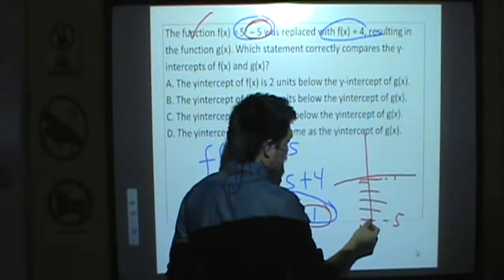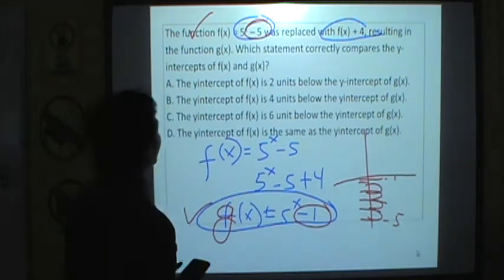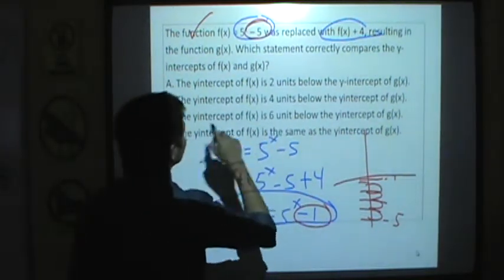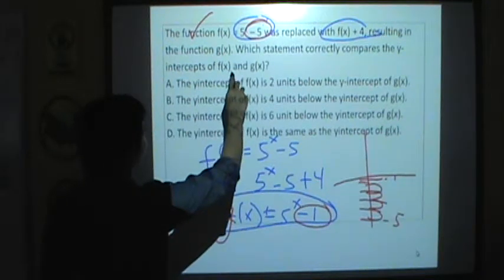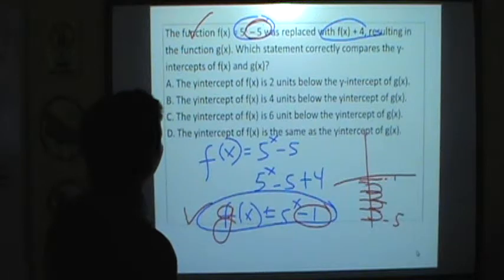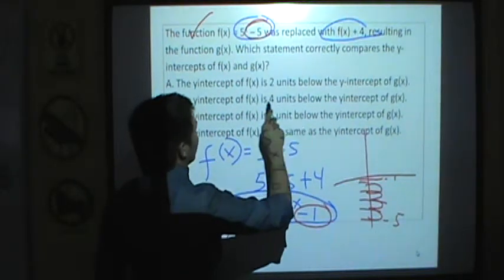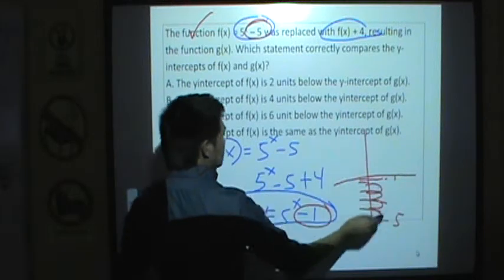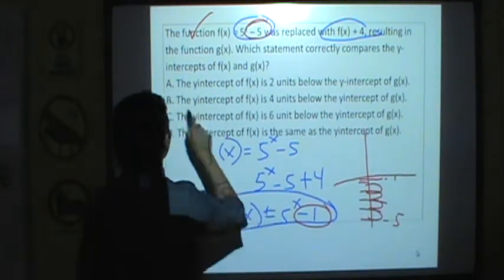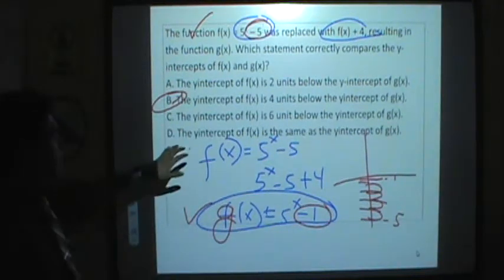So how many times did it go up? 1, 2, 3, 4. It went up 4. From f to g, it actually went up 4. So the function f is 4 units below the function g. Yeah, that's right. 1, 2, 3, 4, 4 units below the second function g.